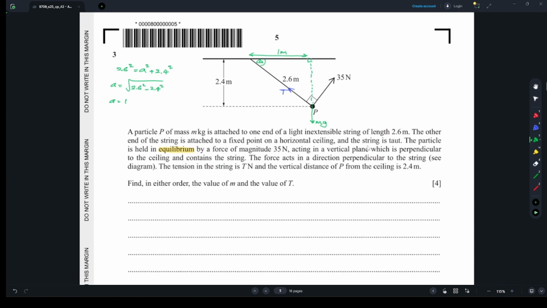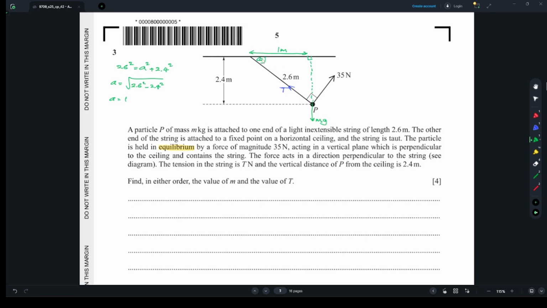Then, this angle is theta. Therefore, this dotted line is also horizontal, and so this angle should be theta. And also we have to find out the angle for 35. So this is theta, therefore this angle is 90 minus theta.